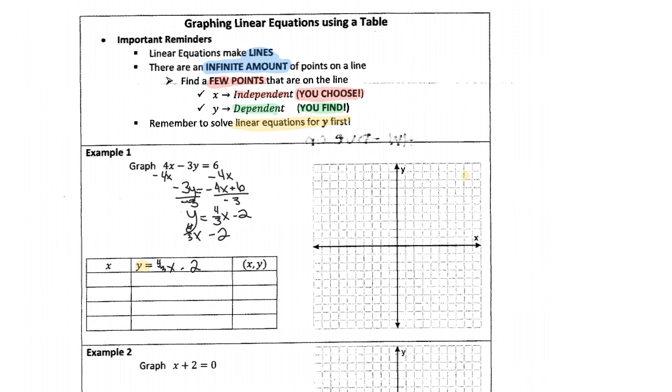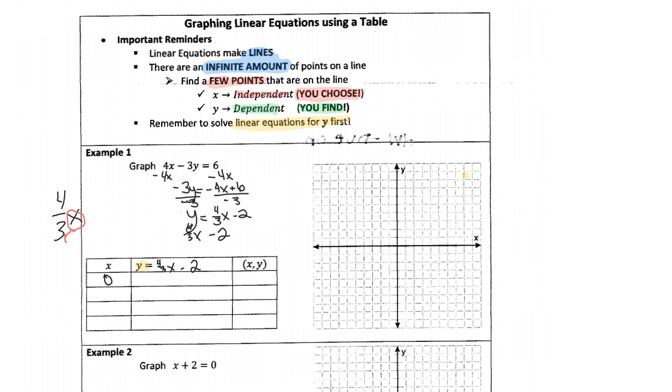I normally go with basic numbers like 0, 1, or 2, and I always try to do at least one negative number and one positive number. But what we want to think about is nice even numbers. We have a fraction here, 4/3 x, so you want to put in values for x that will get rid of this denominator.